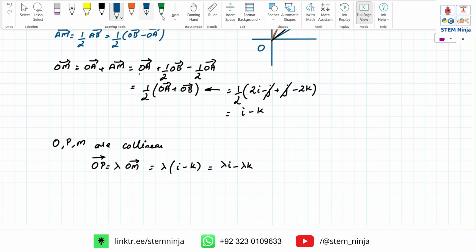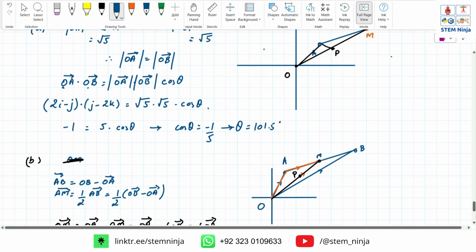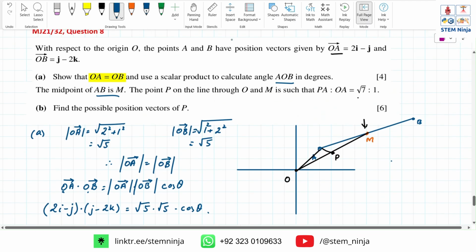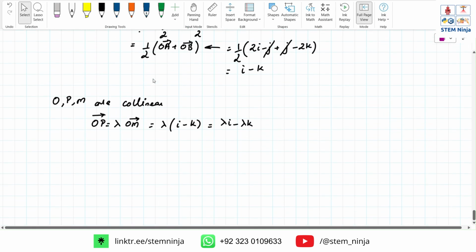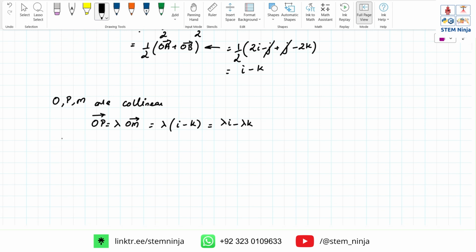Now, let's go back and see what the distance condition was: the distance between PA and OA. We need to find the expression for the distance PA. So PA is OA minus OP.